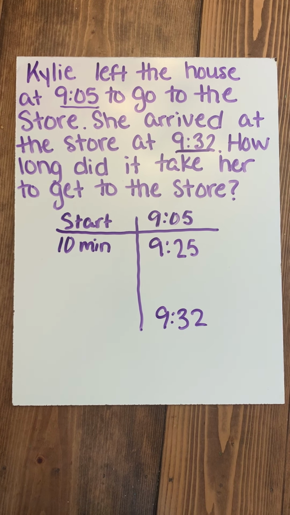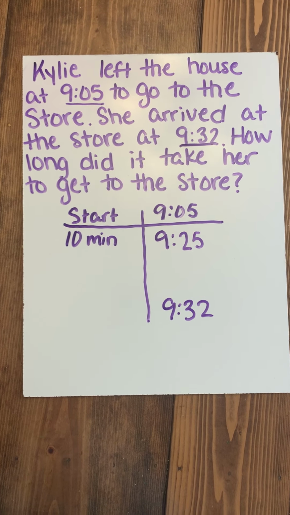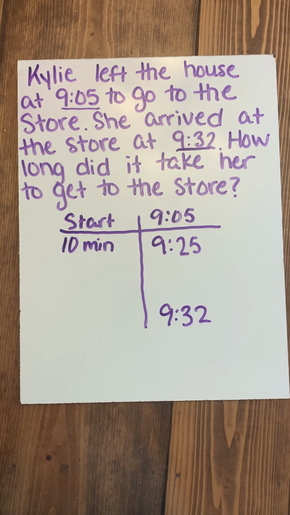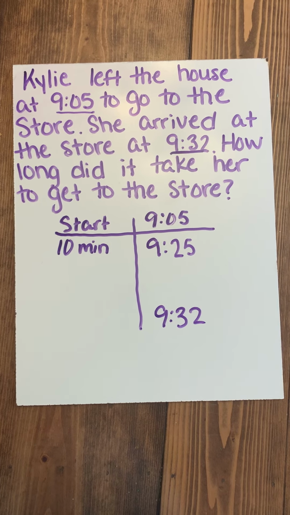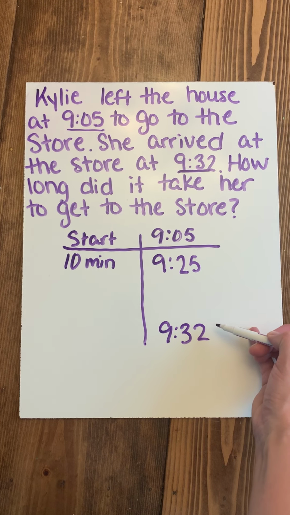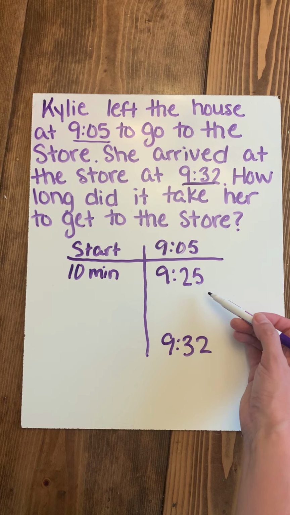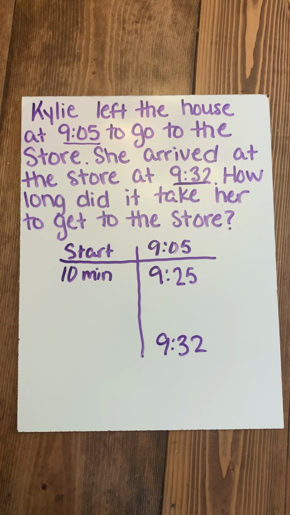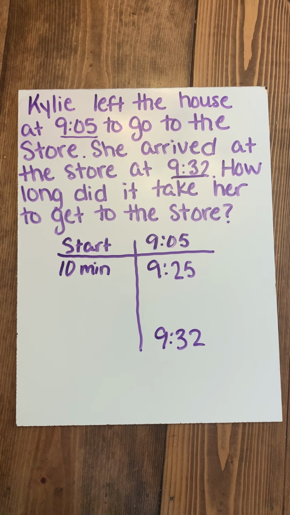Sorry, my handwriting's a little terrible. I'm doing this one-handed while trying to hold the camera. Okay, now I want to ask myself, can I add another 10 minutes to my new time of 9:25 and not go over my stop time? If I add 10 minutes to 9:25, that would give me 9:35, which is past my stop time, so I cannot add another 10 minutes.